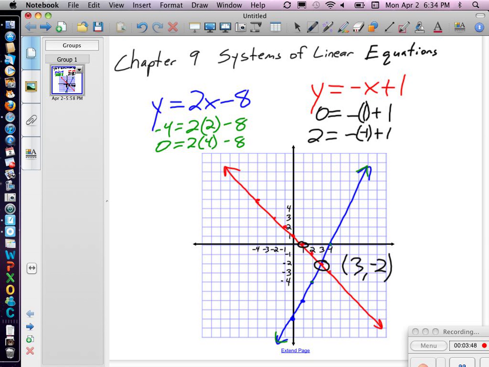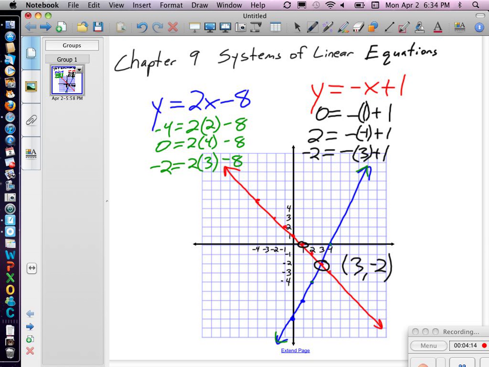I'll do it on the bottom here. So 2 times 3 minus 8, so 6 minus 8 would equal negative 2. So it works for that. And now let me plug it in over here in the red equation. So the opposite of 3 plus 1 will equal negative 2.